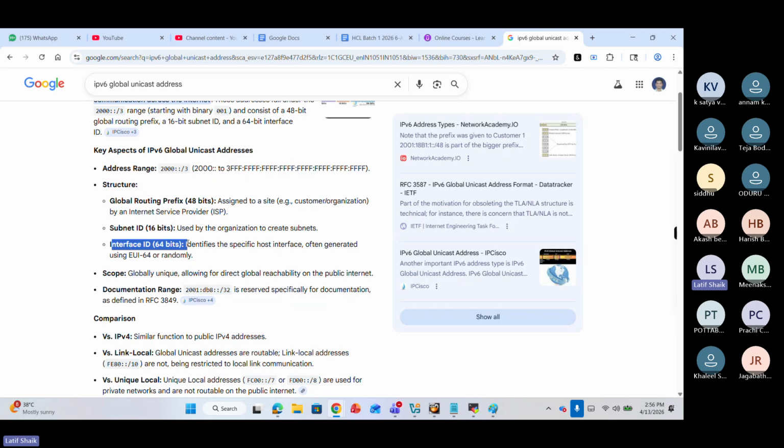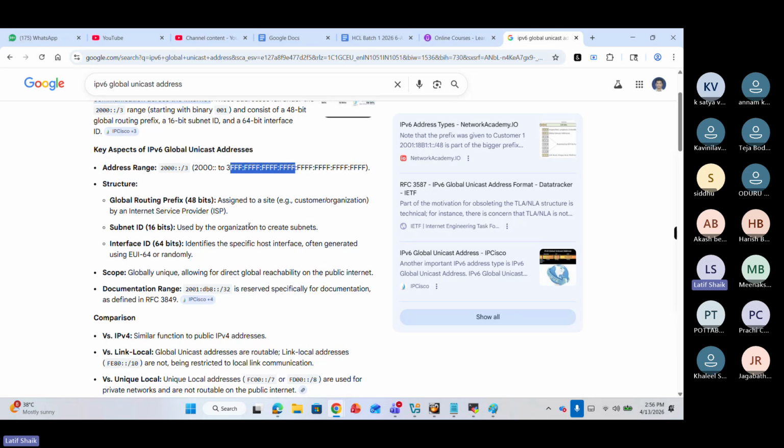Earlier in IPv4, for class A, B and C there were host portions. But in IPv6, mainly in global unicast, the entire last 64 bits belong to the host part, for host identification. The first part is network identification, which includes the subnet, the global prefix, and which organization it belongs to.